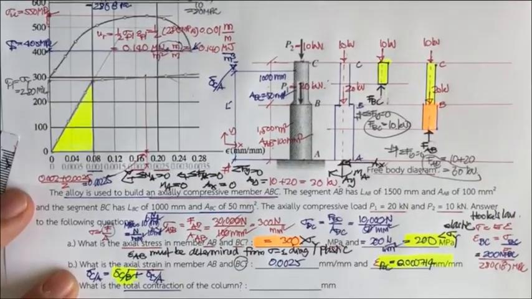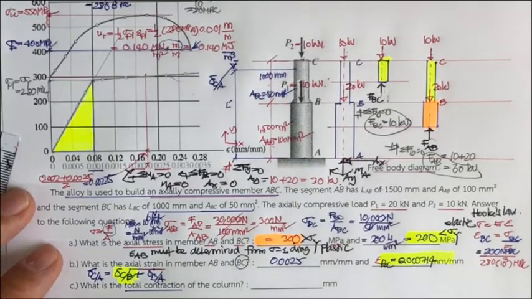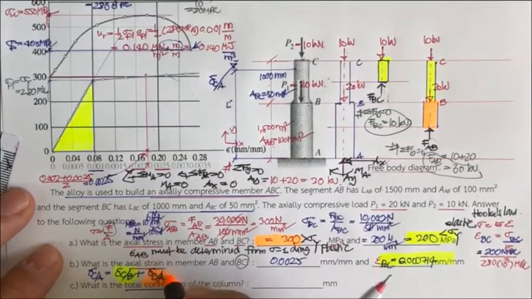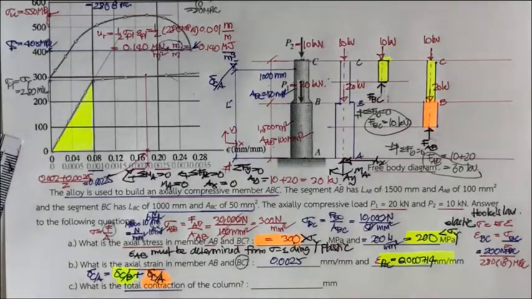That is for the column segment AB, and another one for the segment BC.